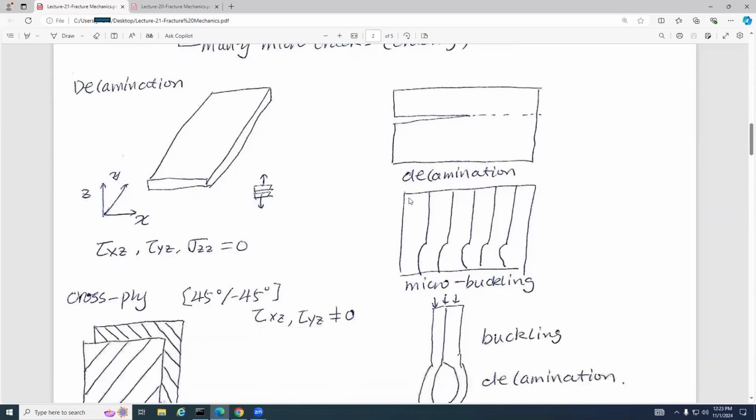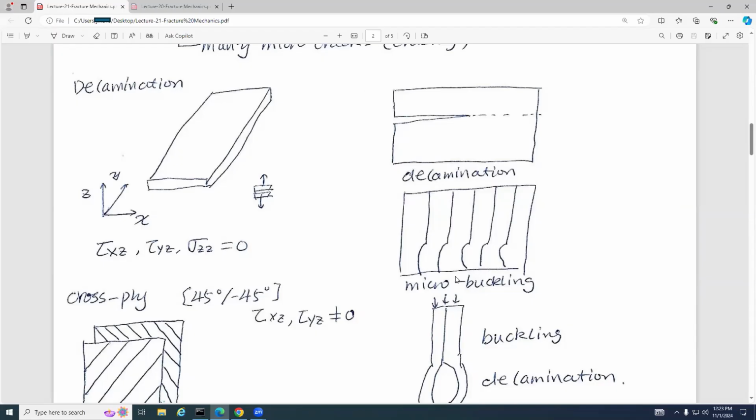The second one is microbuckling. You know buckling, right, guys? Buckling means that if you have a standard beam and you apply compressive loading, at some point the beam will become unstable.